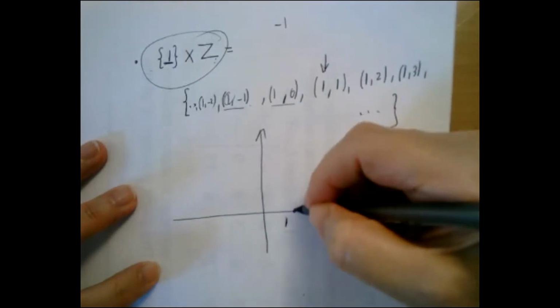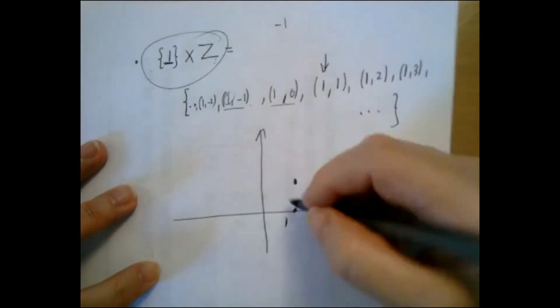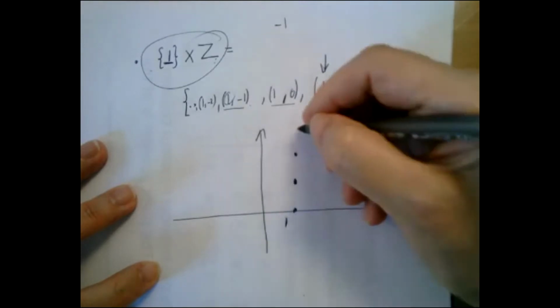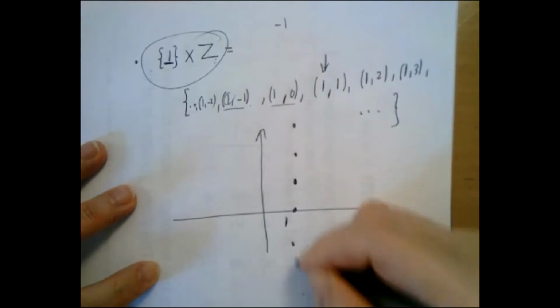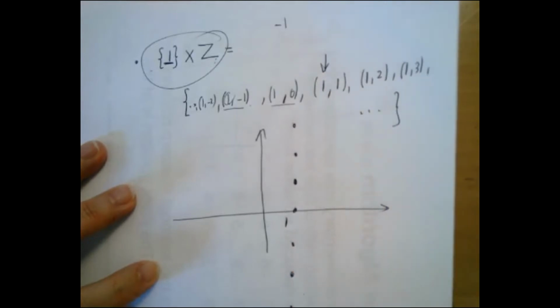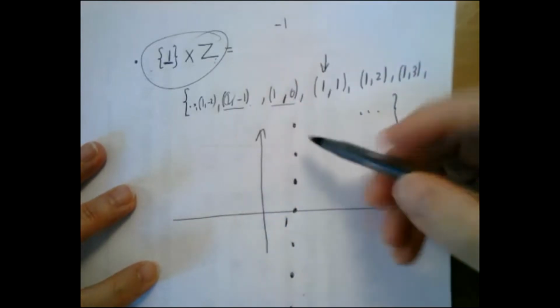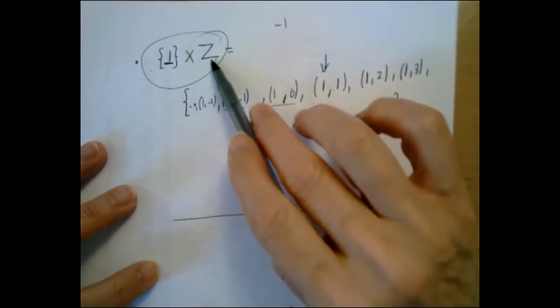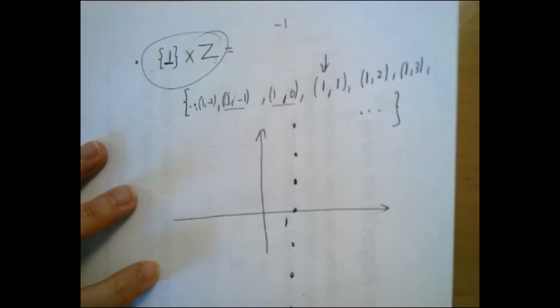1 0, 1 1. I'm not allowed to take anything in between. 1 2, 1 3, 1 4, 1 5, and so on and so forth. Since they are dotted, I cannot connect them, because my second component has to be an integer. It cannot be just a real number.